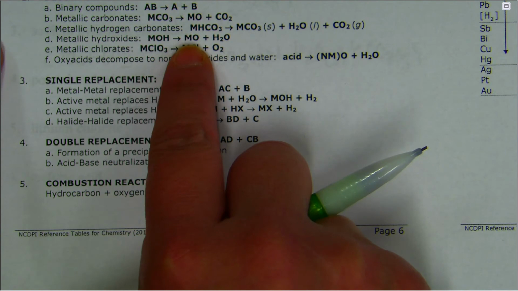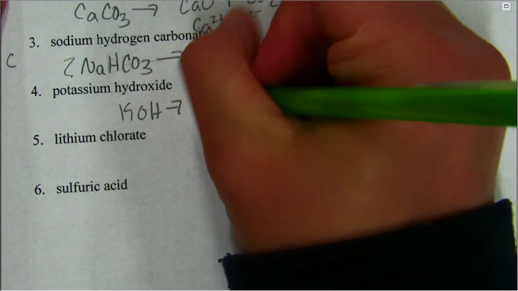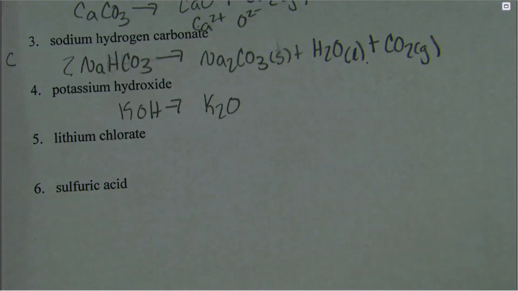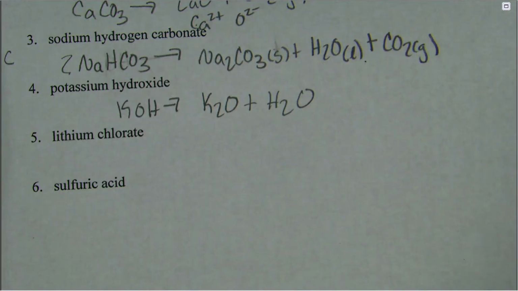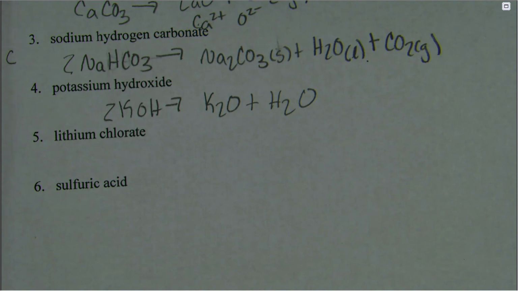It's going to break down into a metal oxide plus water. So my metal is potassium, and when I swap and drop with my oxygen, I get K2O plus water. And then I have to balance it out, put a 2 in front. So this we said was a type D.